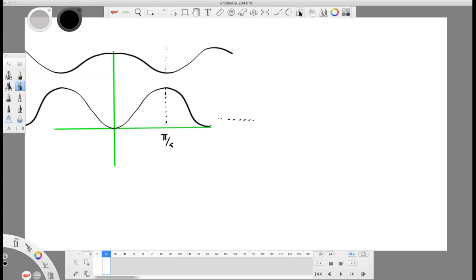Remember that in the previous viewgraph, I emphasized that we were going to look in the vicinity of this region here.